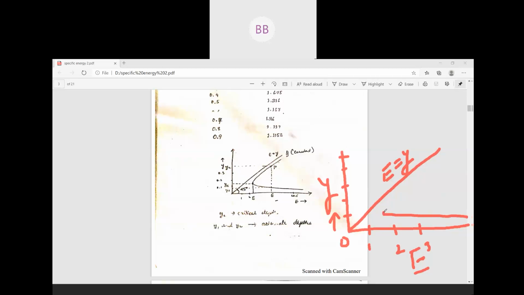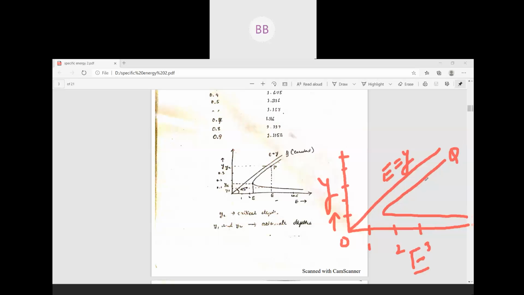After that, as you increase the depth of flow, your specific energy again increases. So for minimum depth of flow, you have maximum specific energy, and once you increase your depth of flow, your specific energy reduces to a minimum value. Further increasing the depth of flow, your specific energy again increases. So this is your specific energy curve.